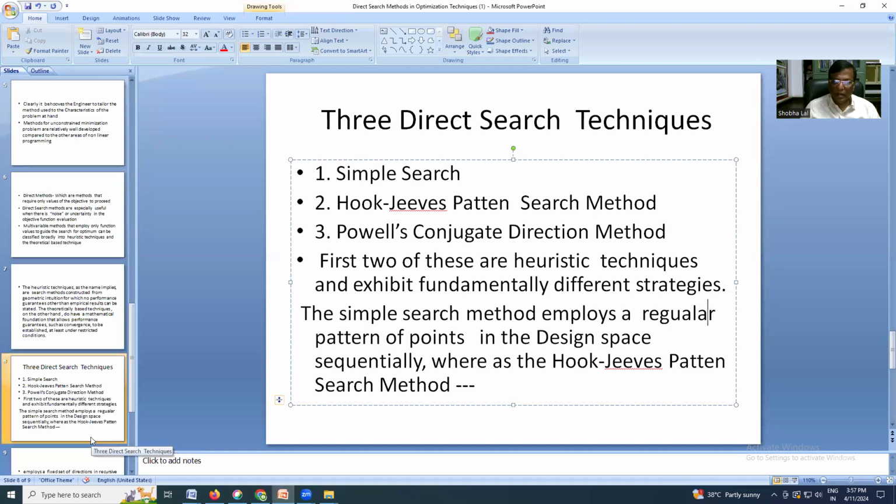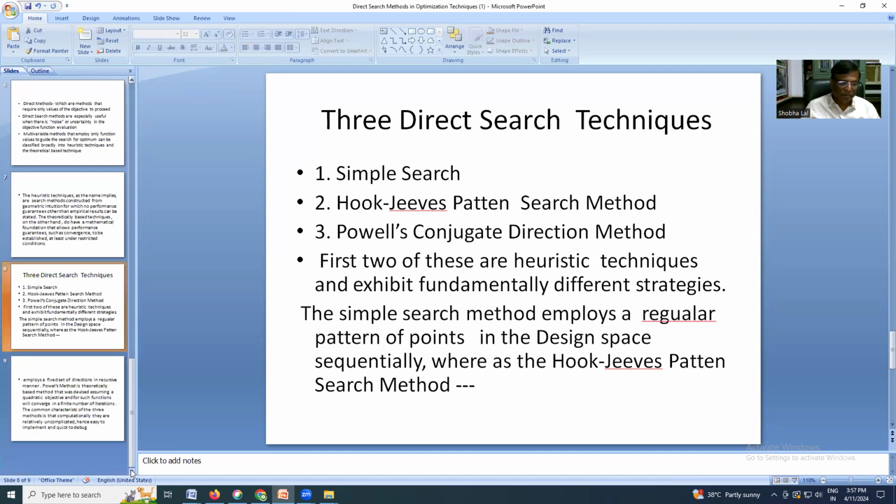And I hope we have already discussed three direct search techniques: simple search, Hooke's Jeeves pattern search methods, and Powell's conjugate direction methods.